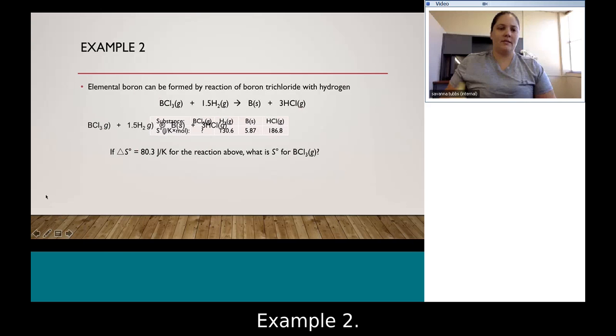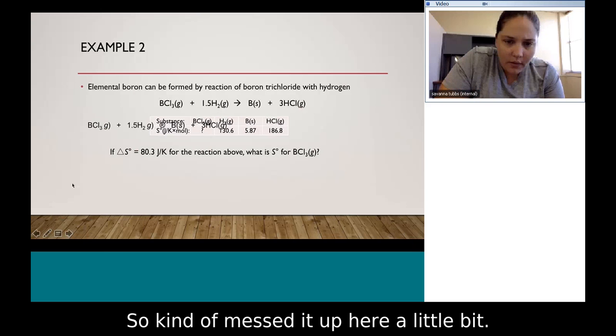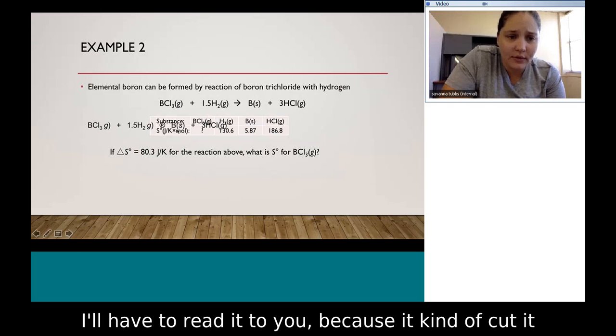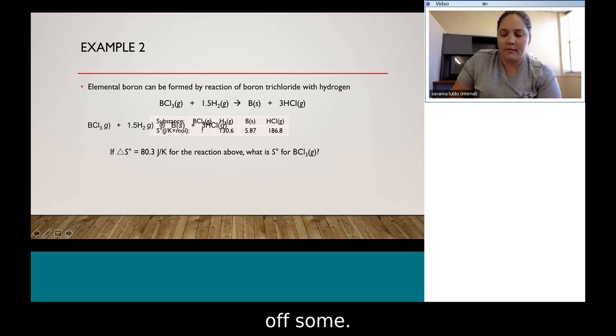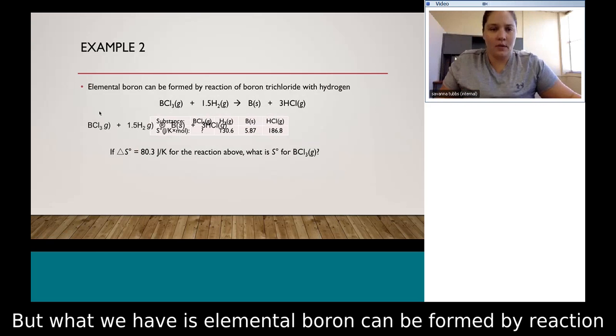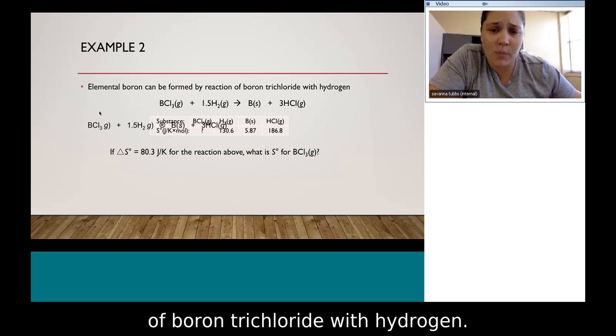All right, example 2. So kind of messed it up here a little bit. I'll have to read it to you because it kind of cut it off some. But what we have is elements of boron can be formed by reaction of boron trichloride with hydrogen.